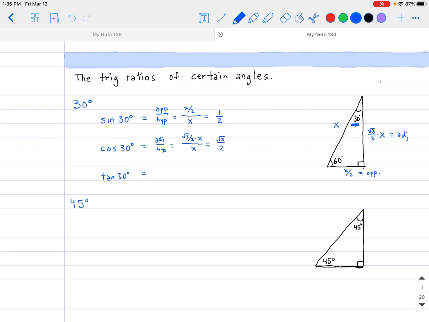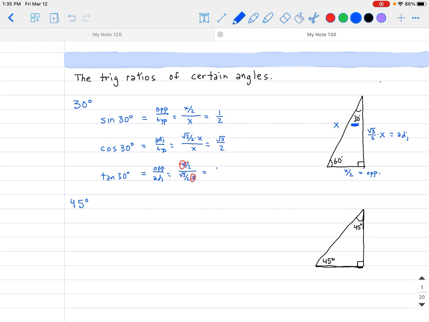And finally, for tangent, tangent is the opposite divided by the adjacent. In this case, the opposite is x over 2, divided by the adjacent, which is root 3 over 2 times x. Here we might have to show the work to see what this simplifies to. The x's are going to cancel each other out, so that part is good.